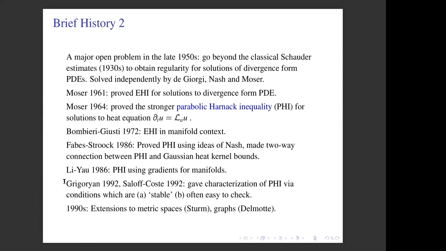Then 20 years later, Saloff-Coste showed that the Sobolev inequality could be removed, and you just had the Poincare inequality and the volume doubling condition. And then he also showed that the parabolic Harnack inequality gave us both volume doubling and the Poincare inequality. And so he actually therefore gave the characterization of the PHI. Okay, thank you.